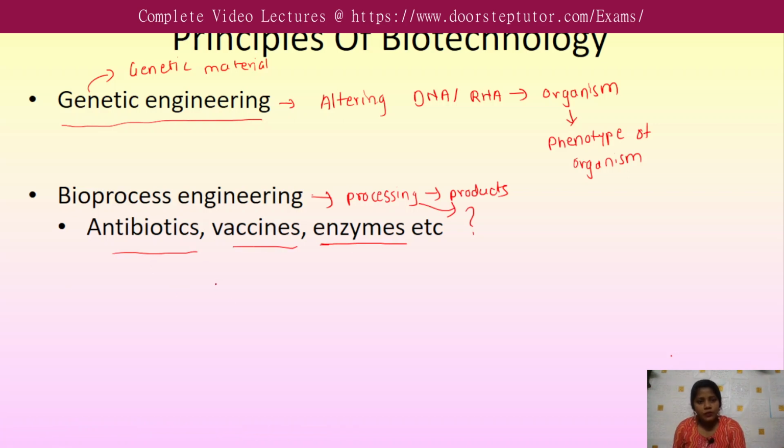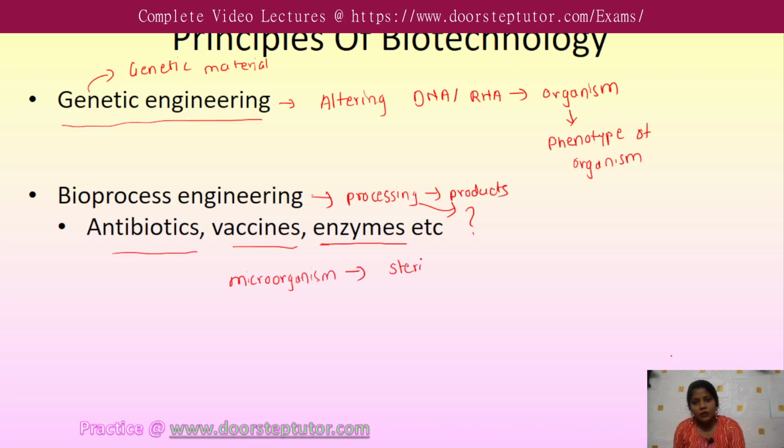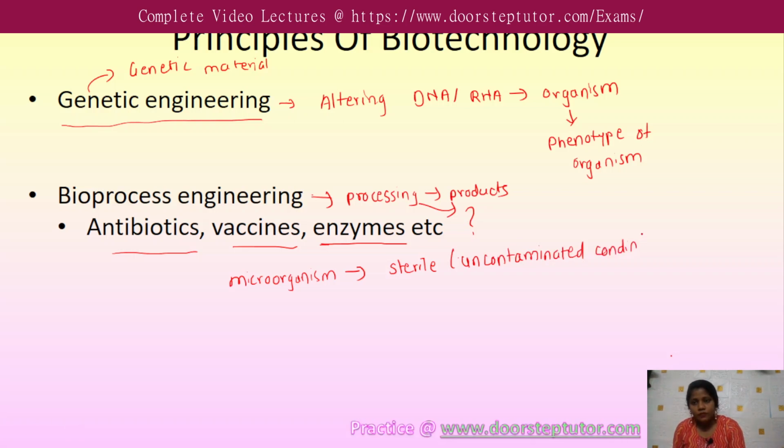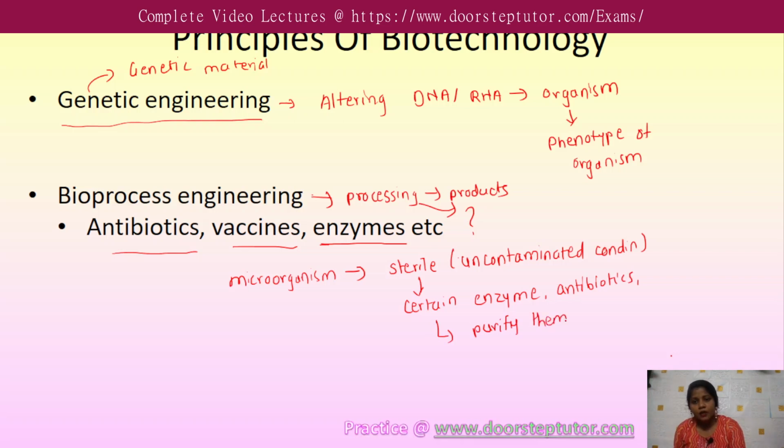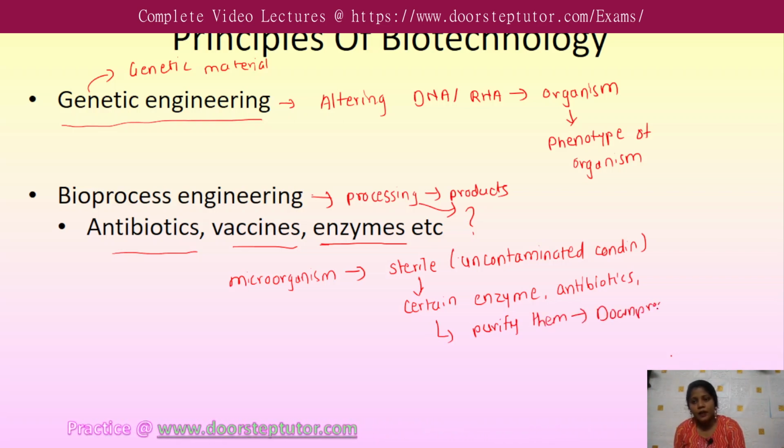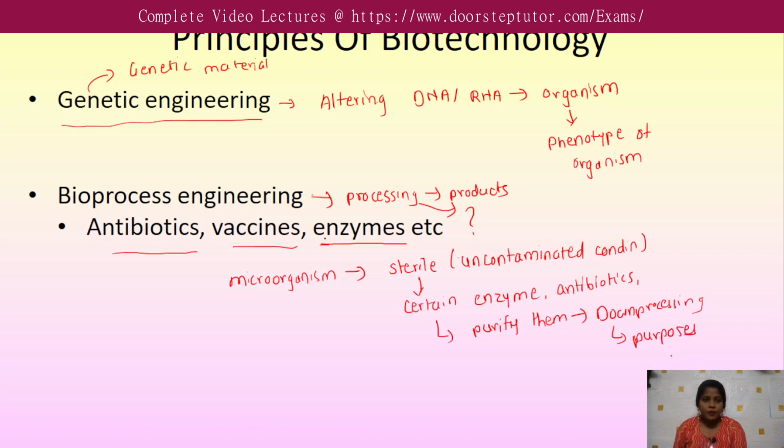In this process we select some microorganisms, we grow them in sterile condition, or we can say uncontaminated condition, where they produce certain enzymes or antibiotics, and we purify them with downstream processing and use them for multiple purposes. Hope that's clear.